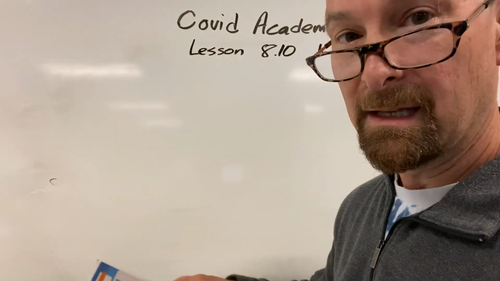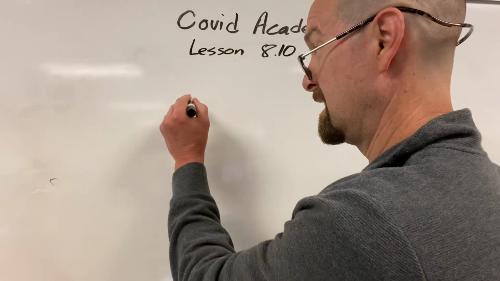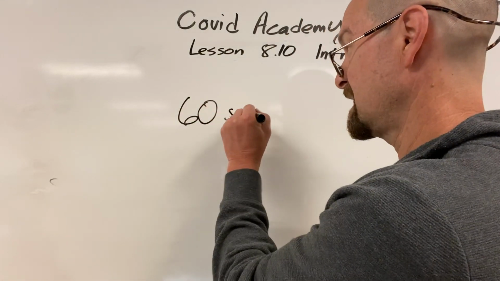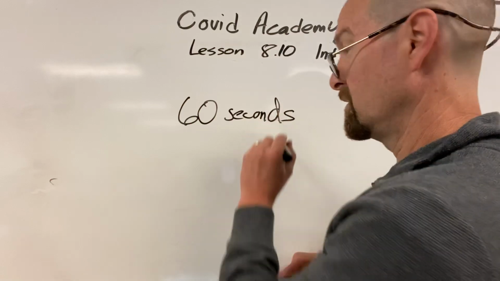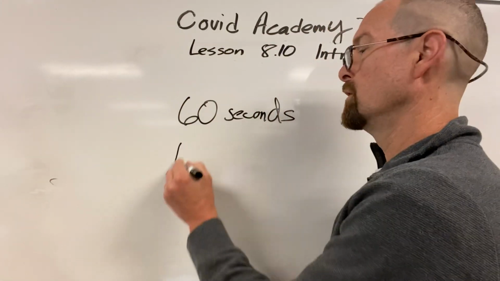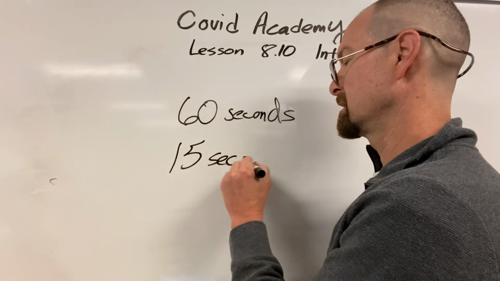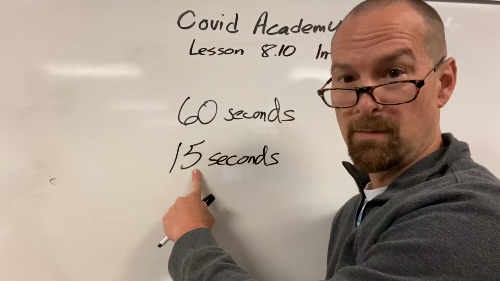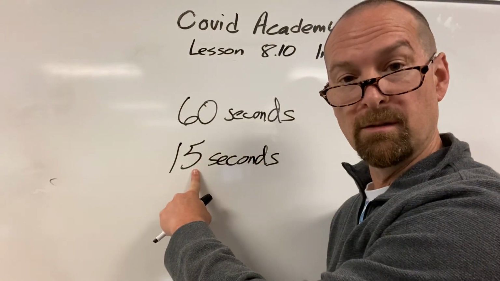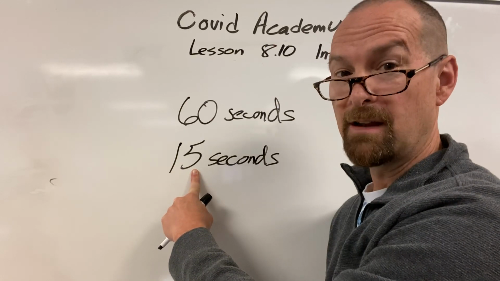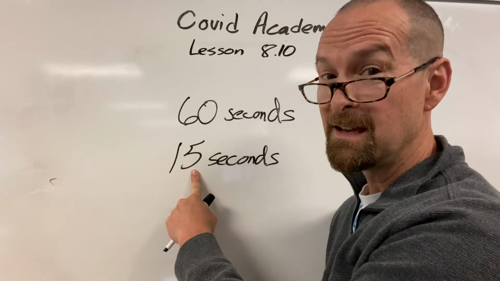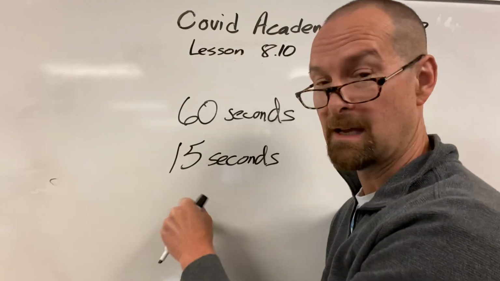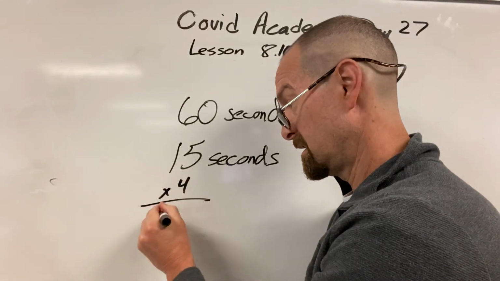And remember that a minute has 60 seconds. So a lot of times you were figuring out things for 15 seconds. So if you find out your 15 number and you want to figure out what it's going to be for a minute, what are you going to have to do? You're going to have to multiply it times 4. 15 times 4 is 60.